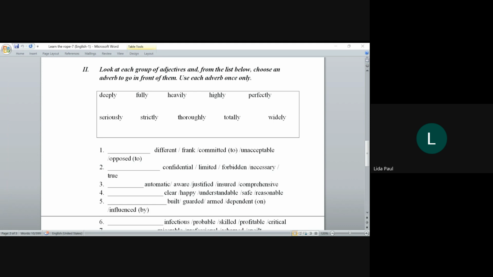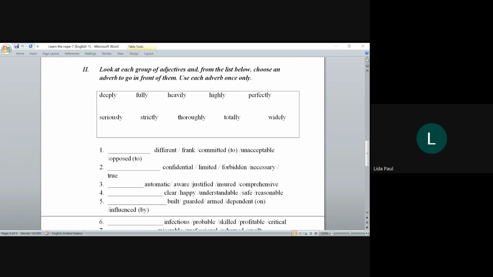It's not wrong, and semantically it's possible. So strictly confidential, strictly limited, strictly forbidden, strictly necessary, strictly true. Some of you may be wondering, I haven't heard the other combinations. That is totally possible, because they are not as frequent as the others, but they do exist. They are collocationally fine, sorry, not grammatically.